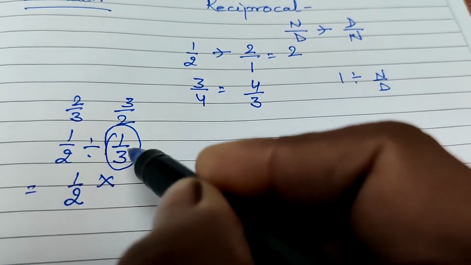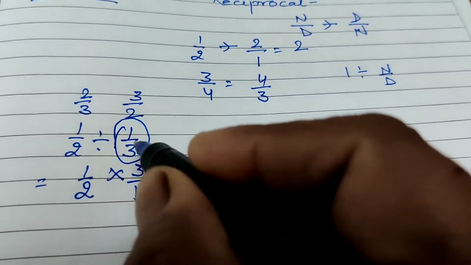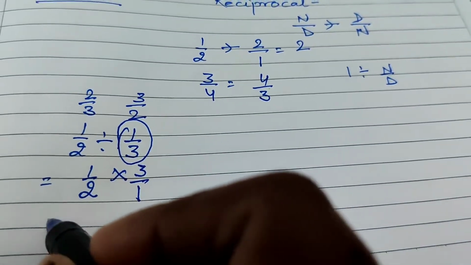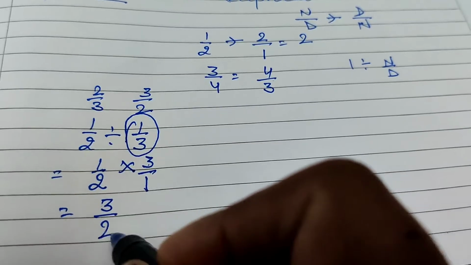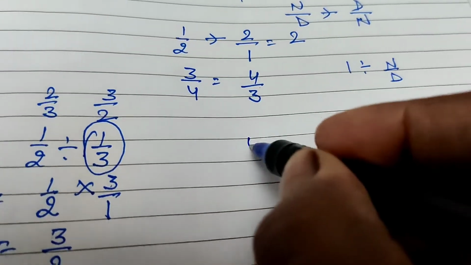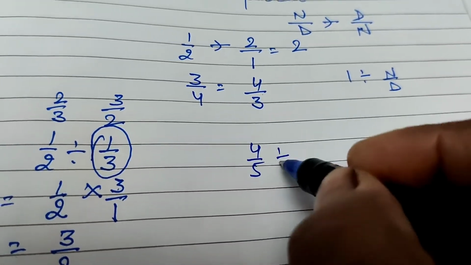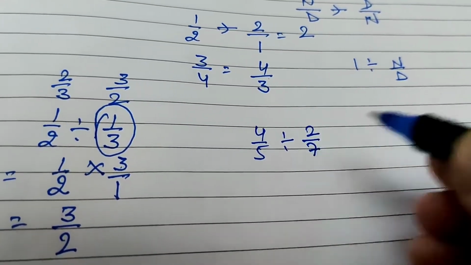The reciprocal of the second fraction, 1 by 3, is 3 by 1. Reciprocal of this number. You will get the answer 3 into 1, 3, 2 into 1. This is the division.